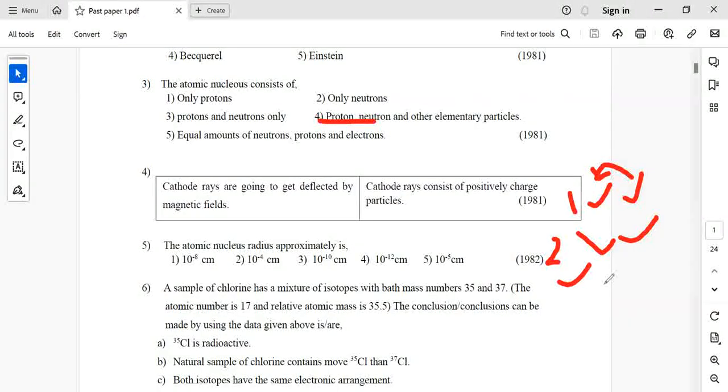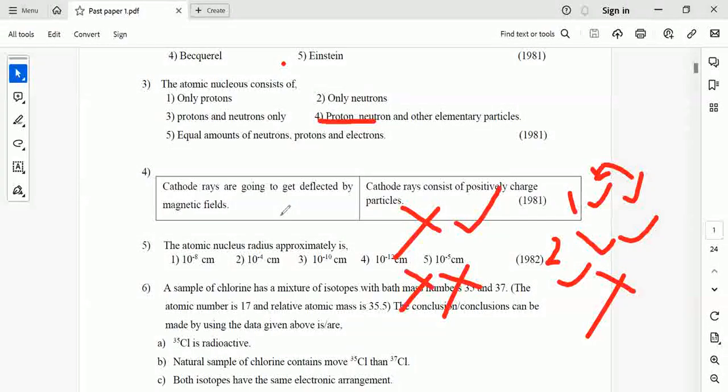If the first statement is true and the second one is wrong, the answer should be 3. False and true, the answer should be 4. Then if both statements are wrong, the answer should be 5.